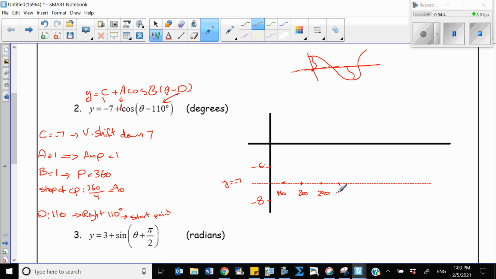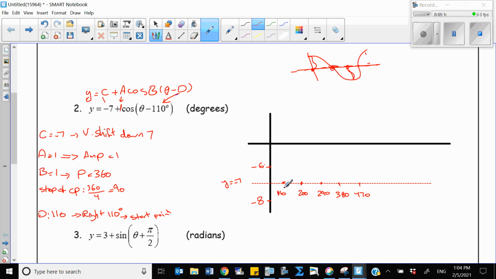It will be 380. Next one will be 470. How many points do I need here? 1, 2, 3, 4, 5 for one cycle, because in each cycle we have 5 critical points. These are the critical points.